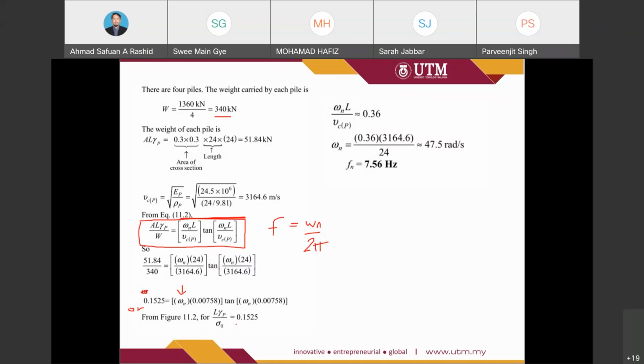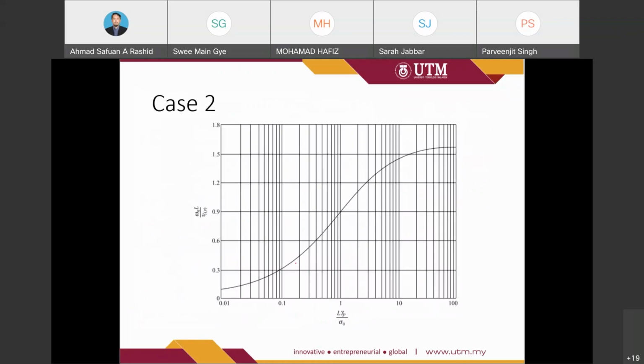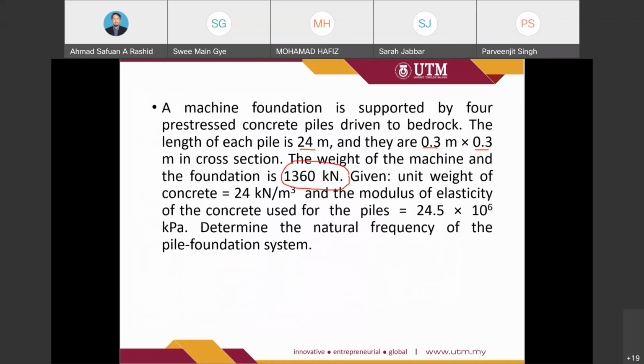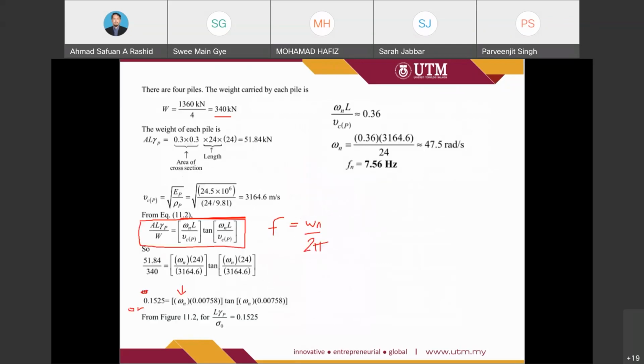To get omega L over V_cp, we use the figure with the value 0.1525, approximately here. Then we get omega L over V_cp approximately equal to 0.36.